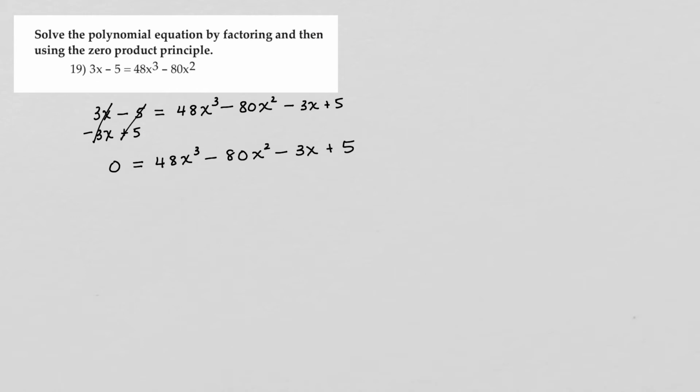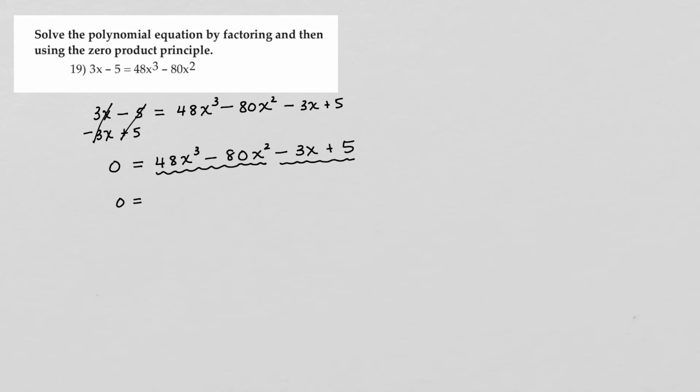I've got 4 terms. There's nothing that I can combine. So I'm going to factor this by grouping. So I group together my first 2 terms and then my second 2 terms.